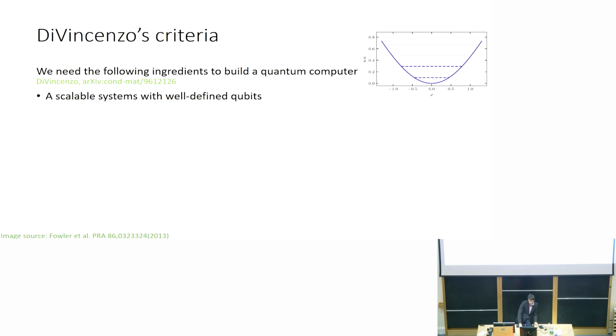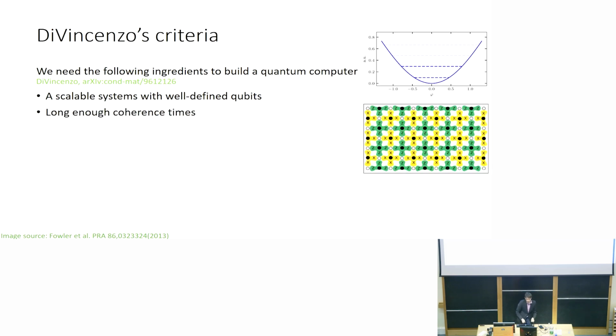The second thing is that you need long enough coherence times. You need this so that you can actually use the laws of quantum mechanics to run algorithms which are hard to simulate on classical computers. It turns out that this is actually the most challenging issue for current realizations, and you probably need quantum error correction in the long term to tackle this challenge.